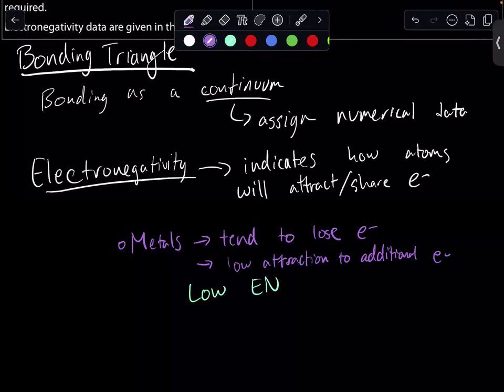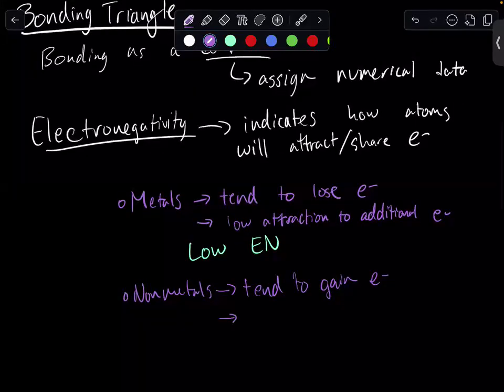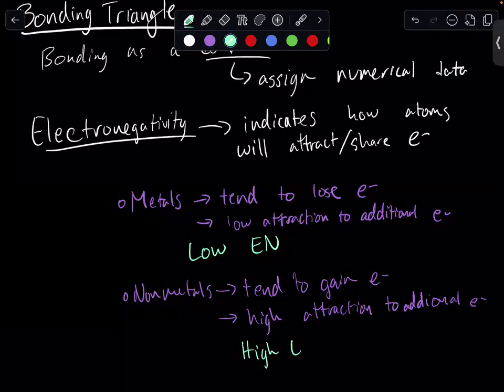Meanwhile, our nonmetals are the exact opposite. Nonmetals tend to gain electrons, and they have a high attraction to additional electrons. And that second point, the attraction to additional electrons, is just another version of our electron affinity. So these have high electronegativity.